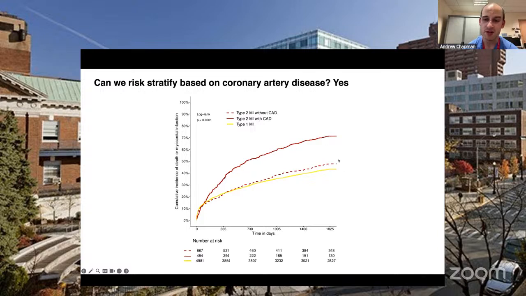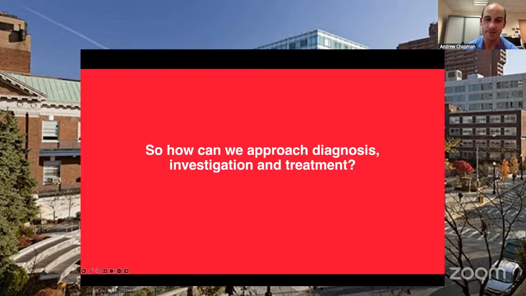My hypothesis is that this is due to the fact that as many as half of these patients are previously unrecognized, and there is a significant treatment gap, with rates of statin therapy in this population of less than 50% and rates of revascularization often in the region of 10%.